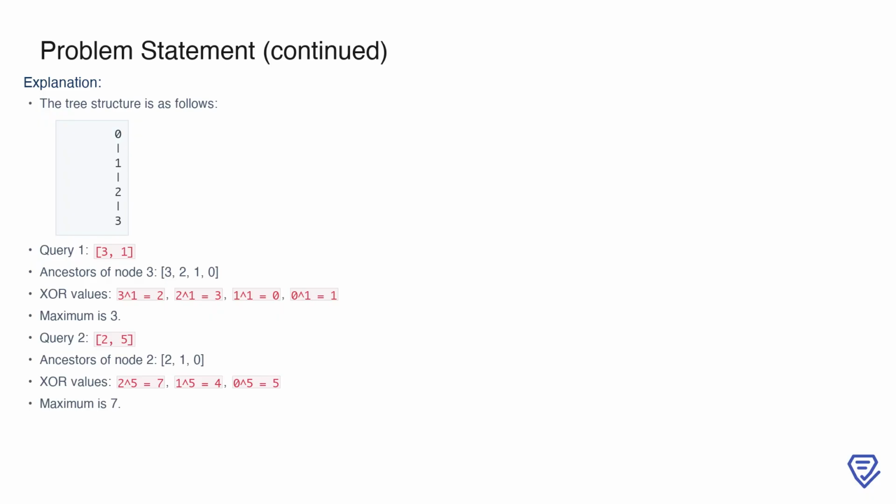The XOR values with 1 are 2, 3, 0, and 1, giving a maximum of 3. For the second query, the ancestors of node 2 include nodes 2, 1, and 0. The XOR values with 5 are 7, 4, and 5, resulting in a maximum of 7. This highlights how the tree structure directly influences the computation of XOR values for different queries.